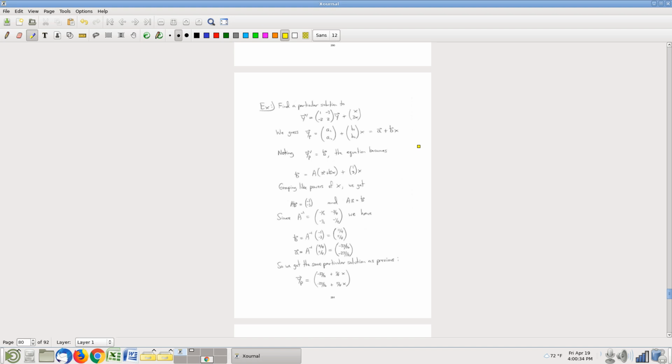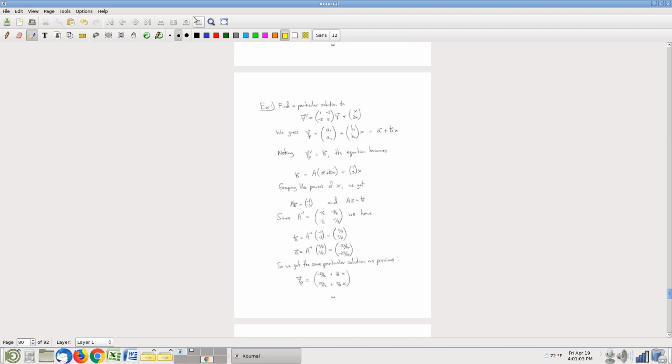Let's confess, we did guess here. It was a hope that this was all going to work out and that I could solve for the A and the B, and what if I can't? So there's a certain amount of risk there. That's the cost, but look how easy. So you get to decide. My pretty strong preference is to try it this way, because most of the time it works, and it's so much easier.